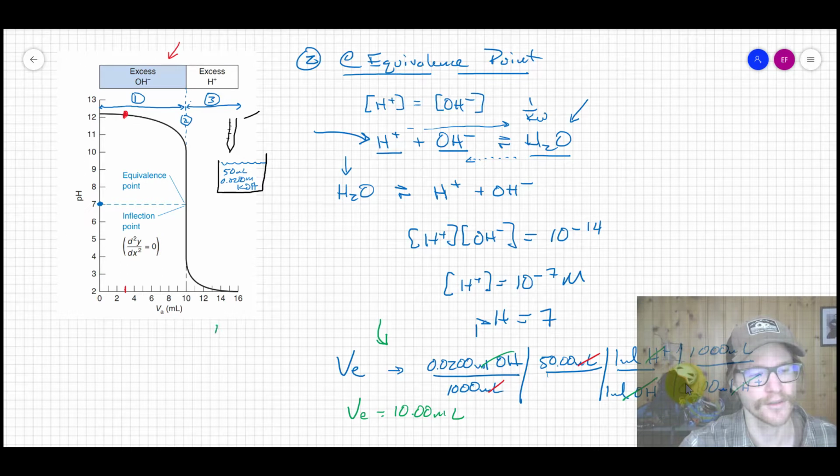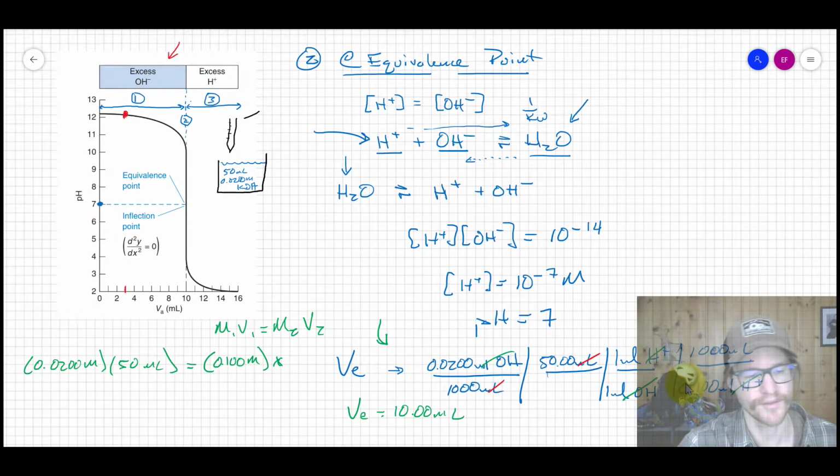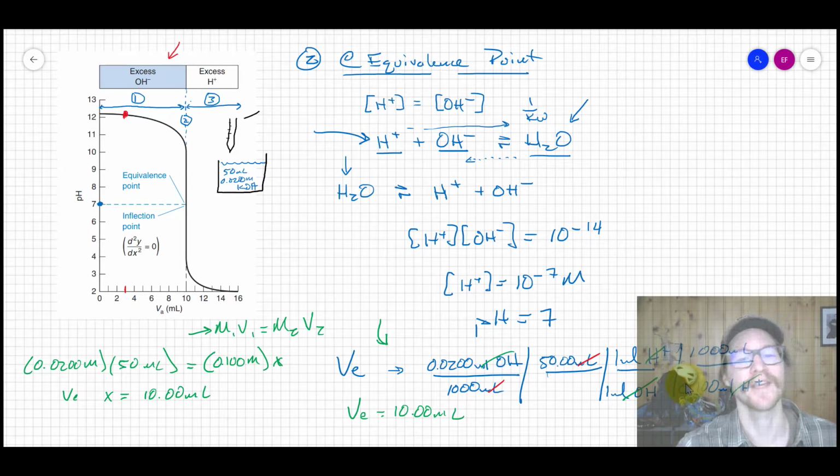That will always work. The other way is just using M1V1 equals M2V2, which I showed you previously, where you have 0.0200 molar. You've got 50 mLs of it. That's going to be equal to the concentration of your titrant times X, which is VE. Solve for X, that gives you 10.00 mLs as well. These two things are equivalent processes. The M1V1 process will always work as long as the stoichiometry between your reactants is 1-to-1.